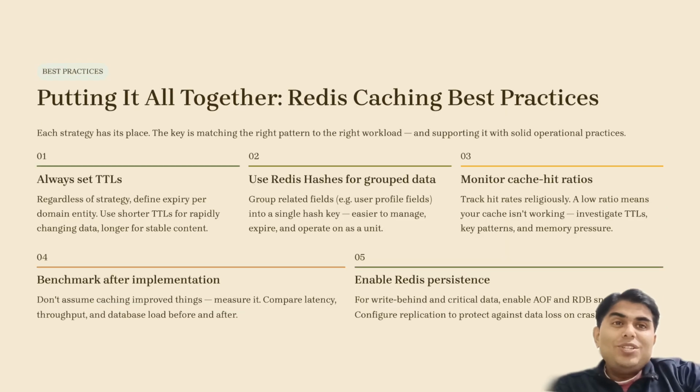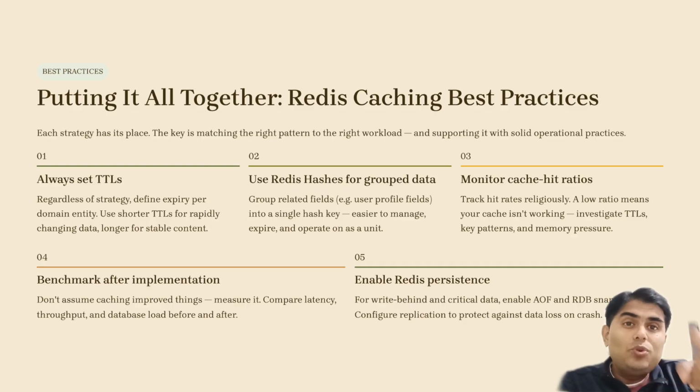And which strategy should you use? I am just asking a few. There are 4 strategies: cache aside, write through, write behind, read through. For product details, the best strategy is cache aside. For the user profile page, the best approach is write through. For analytics, like Google Analytics data, write behind.